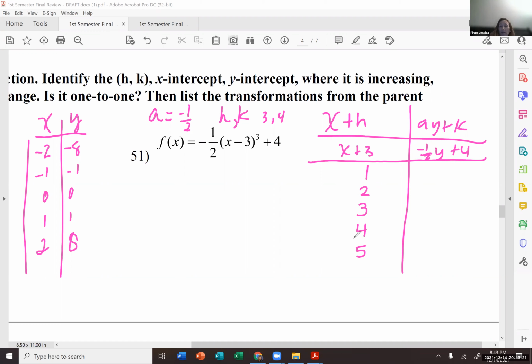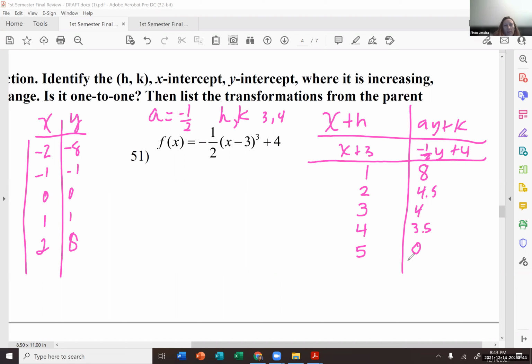So -8 times -1/2 is +4, plus 4 is 8. And then -1 times -1/2 is +0.5, plus 4 is 4.5. And then 4, and then 3.5, and then 0. So these are the specific ordered pairs to graph.